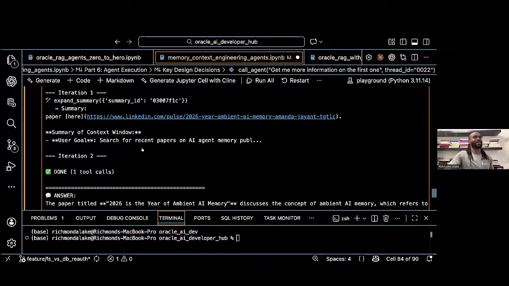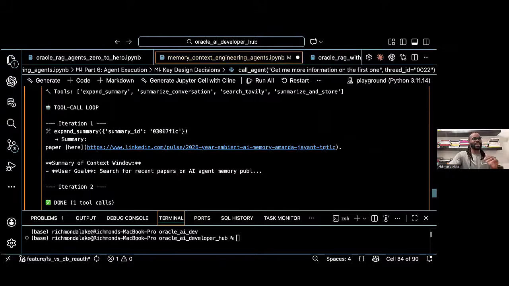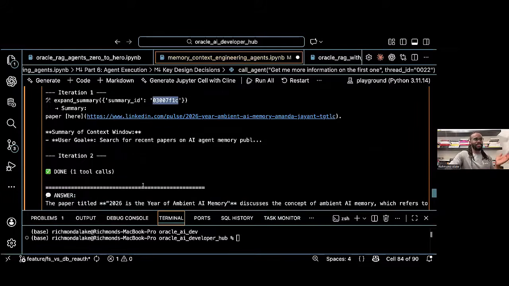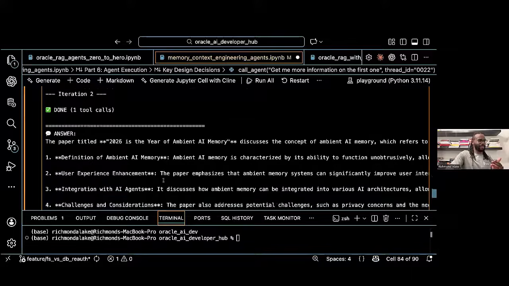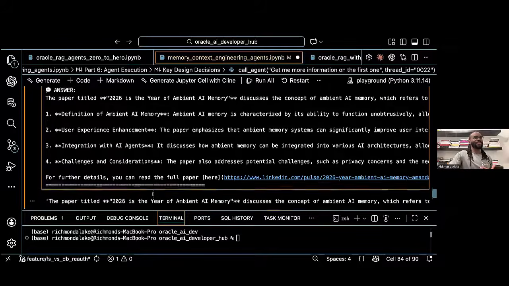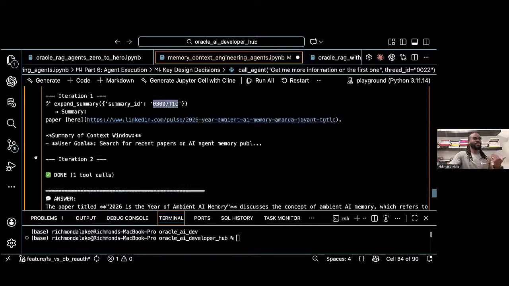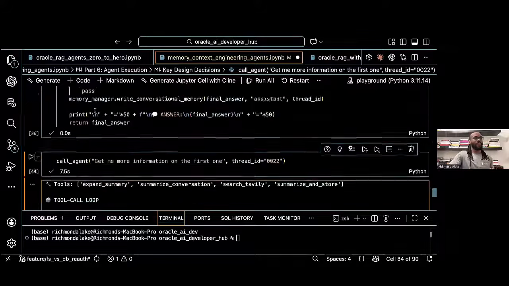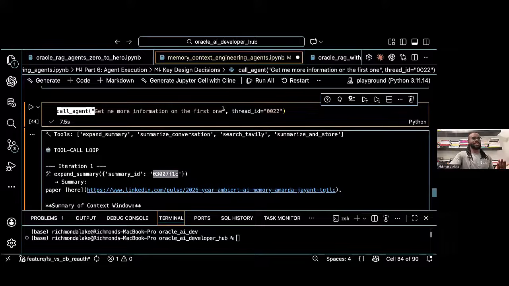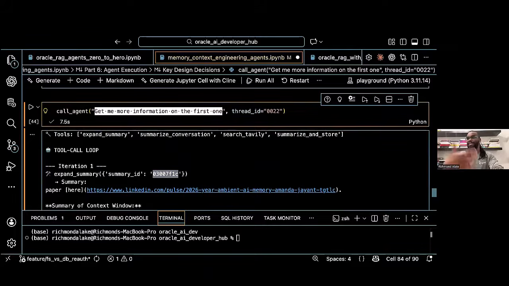It expanded a summary, even though I just told it to double click into the paper, maybe because the information exists in memory, but it's not going to get the right information. But it's giving us some information, which is fair enough. The key thing there is you have an agent that is aware of the information that it has or the interactions it's had.